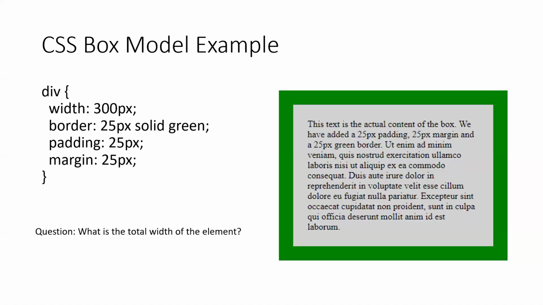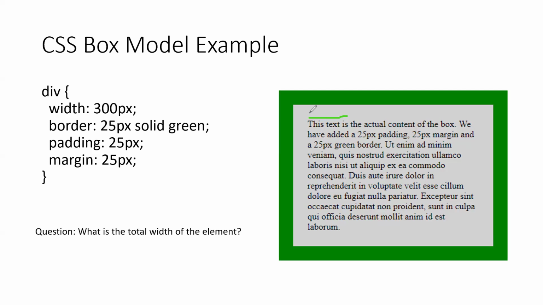Now, when we say width of the element, in this particular case it is the content. So this will be 300. Maybe I will draw, and let me take a different color.